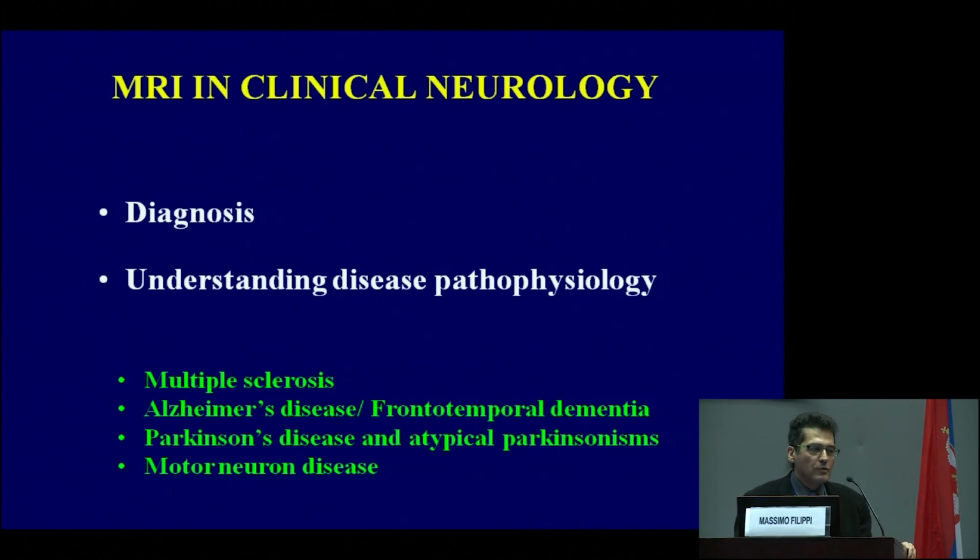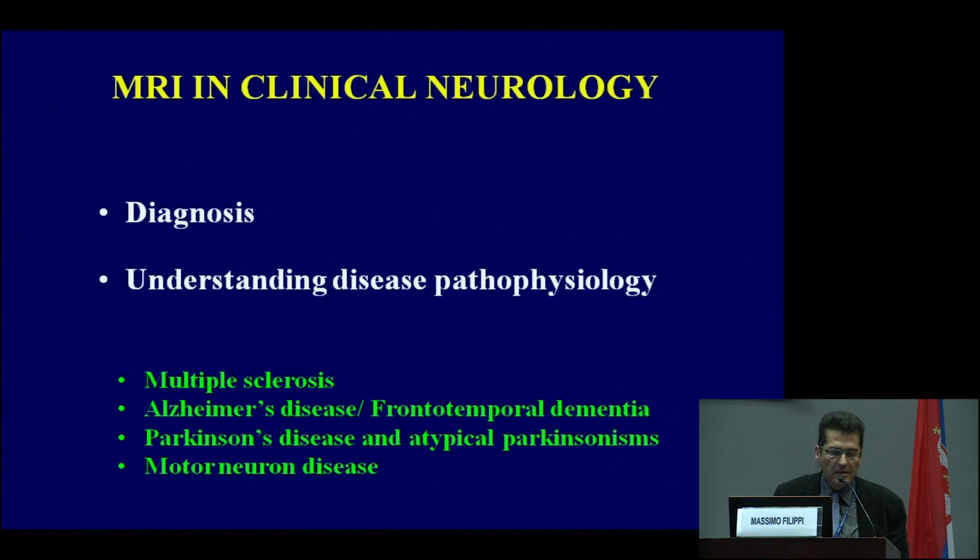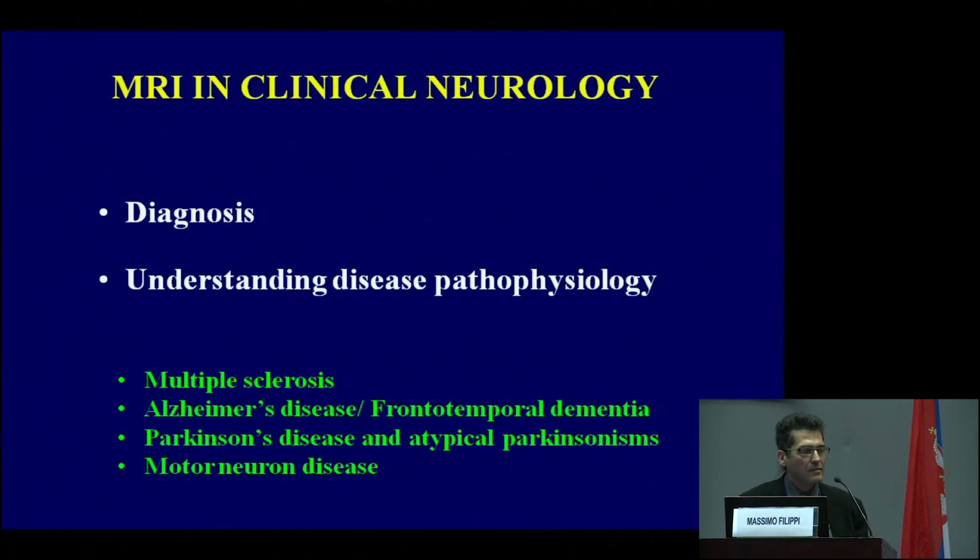So I will review just a few conditions on which we work most, which is multiple sclerosis, dementia, especially Alzheimer's disease and frontotemporal dementia, Parkinson's disease and related conditions, and motor neuron disease. So I will go through each of these four conditions in the two bullets that I showed you before.